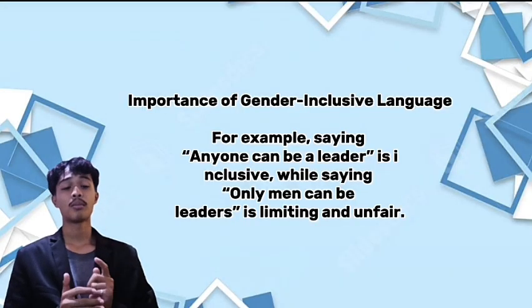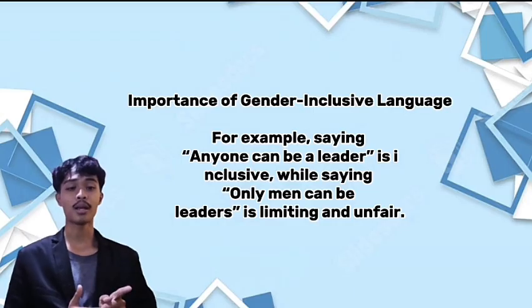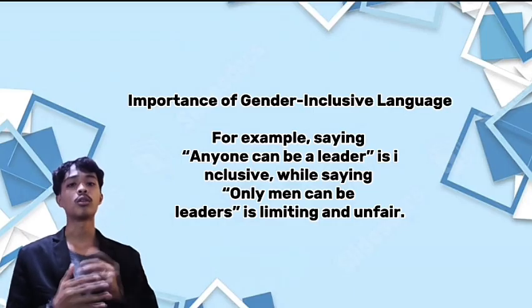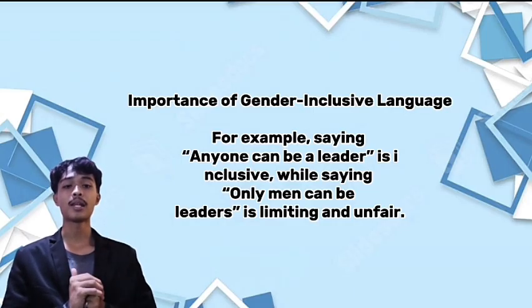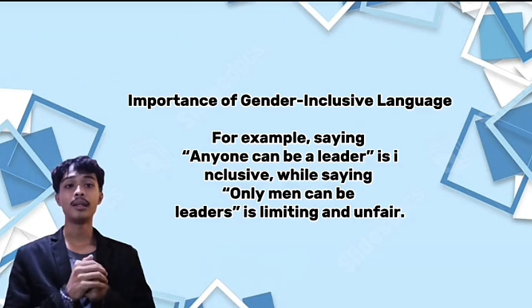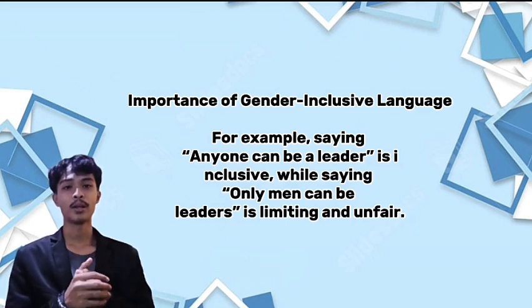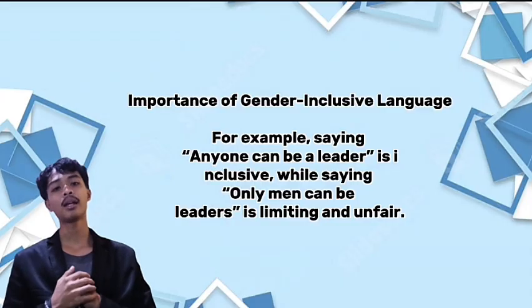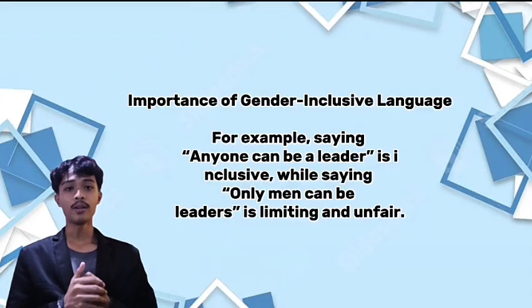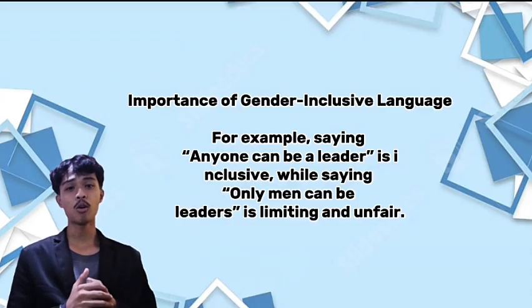So, importance of gender inclusive language. Gender inclusive language is important because it promotes respect, equality, and inclusion. For example, saying anyone can be a leader is inclusive, while saying only men can be leaders is limiting and unfair. The first sentence shows that leadership is open to everyone.